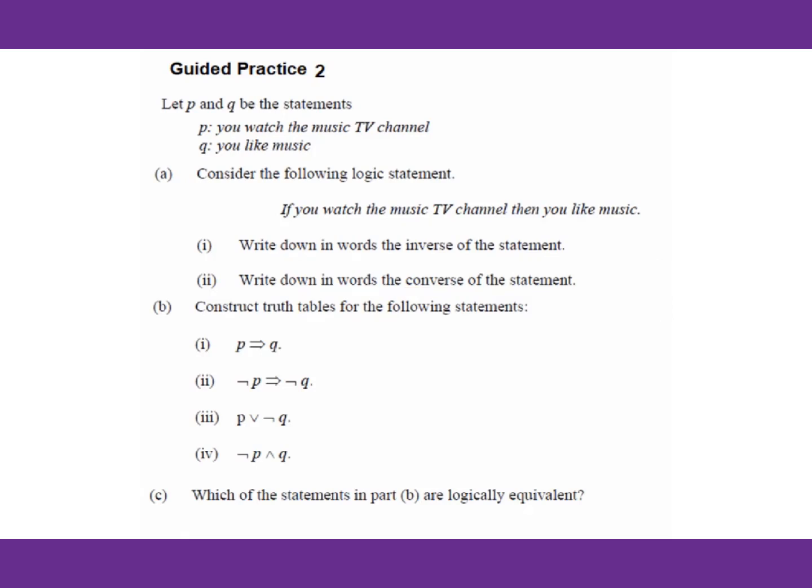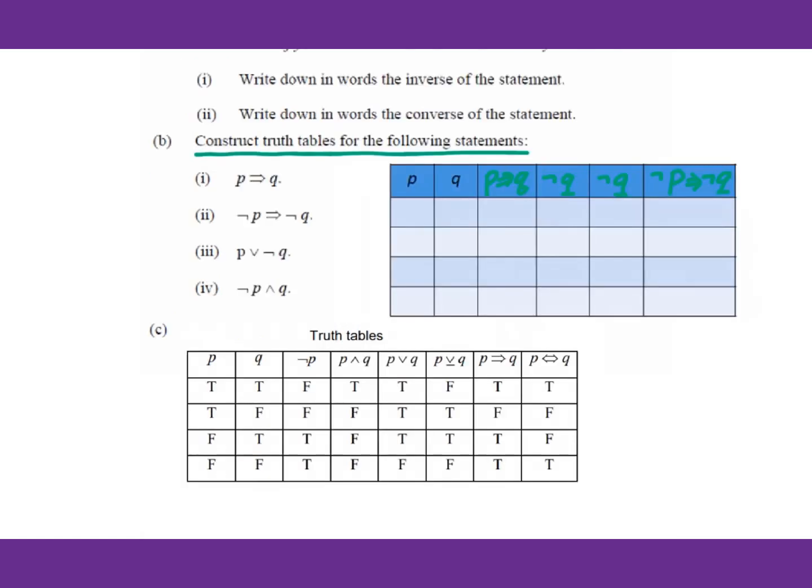Let's go to B. Construct truth tables for the following statements. So we use this truth table to set up the first two. P, Q, we set up true, true, true, false, false, true, false, false.